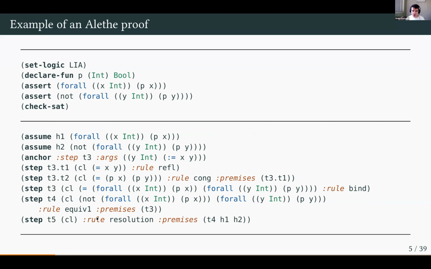The rule is the logic that the step used to reach that conclusion. And steps may also have premises, which can be other steps or the assume commands. At the end, you're going to have a step, which in this case is t5, which reaches the empty clause. And as we all know, the empty clause is a contradiction. So this proof as a whole is showing that from these assumptions, we can reach a contradiction. So the formula as a whole is unsatisfiable.